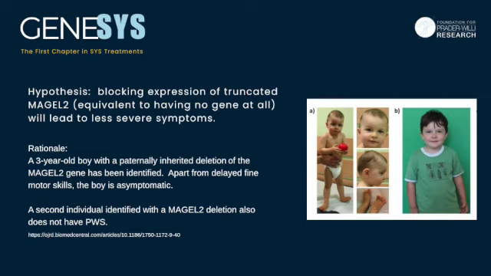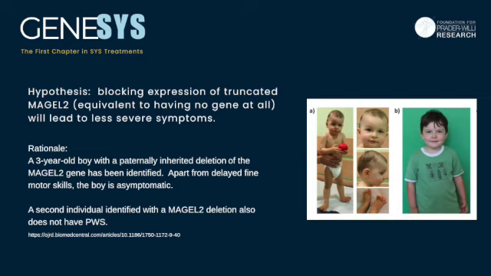So this leads us to the hypothesis that maybe it's the MAGEL2 truncated protein getting gummed up in the nucleus of the cell that is causing the issues of Schaaf-Yang syndrome. And if we were able to just delete or remove or get rid of that protein, we might end up with a situation that is actually better for the individual with Schaaf-Yang syndrome. That idea of getting rid of a mutated protein is a concept that has been seen in other rare diseases as well.